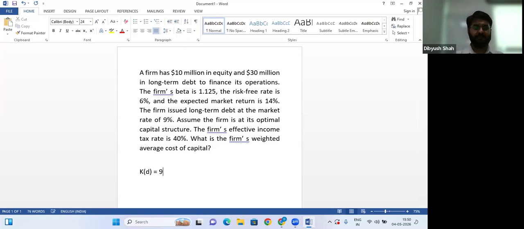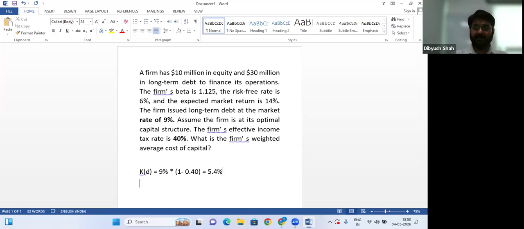They are telling the firm issued at market rate 9%. So interest rate is given. Let's multiply it by 1 minus tax rate. So tax rate is given as 40%. So 9 into 1 minus 0.40. This is your cost of debt.